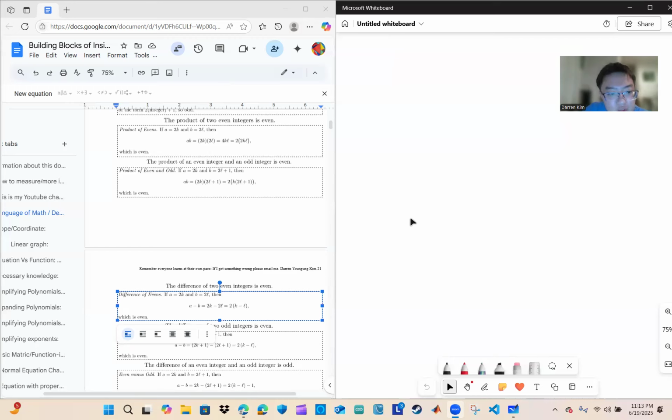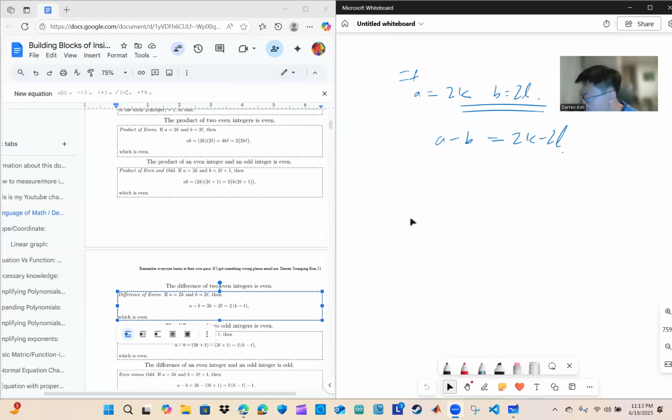All right. So if A equals 2k and B equals 2l, then A minus B equals 2k minus 2l. This is just the same thing, but with minus.